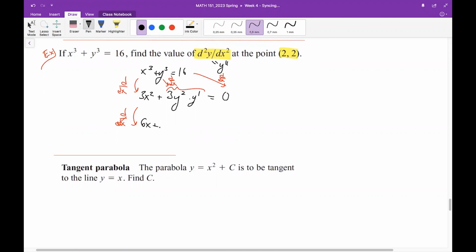Okay, 6x plus. For the second expression, you need to be careful because this is a product function and that's why we need to apply product rule. So I'm applying product rule here, okay? Derivative of the first expression times the second stays the same, plus first stays the same times the derivative of the second expression.